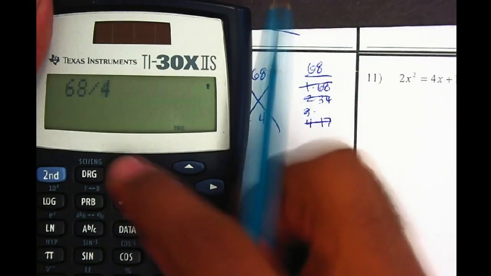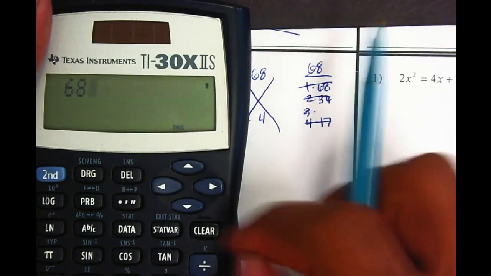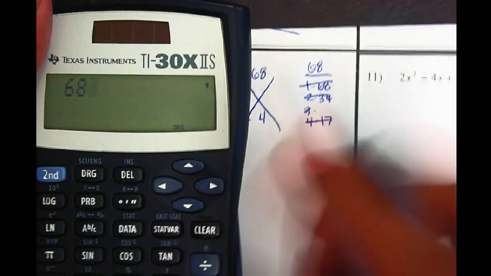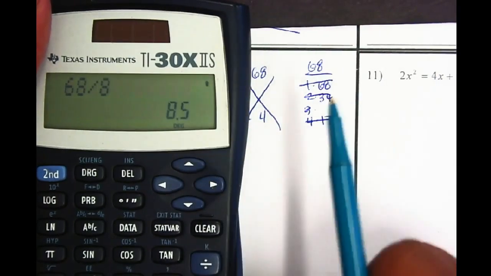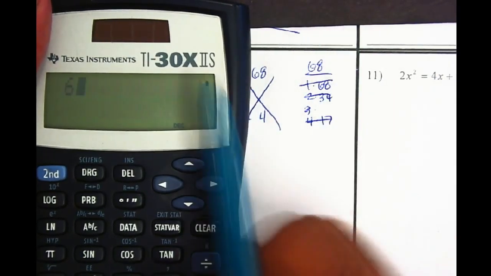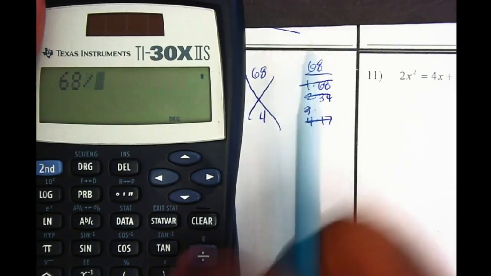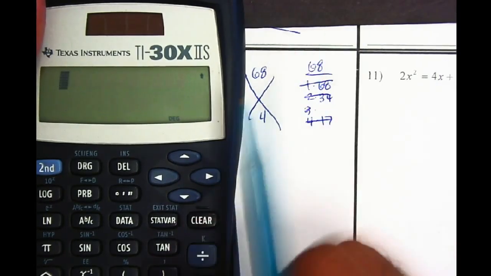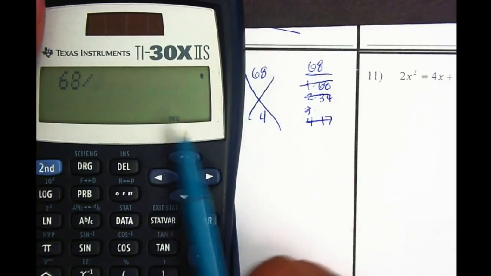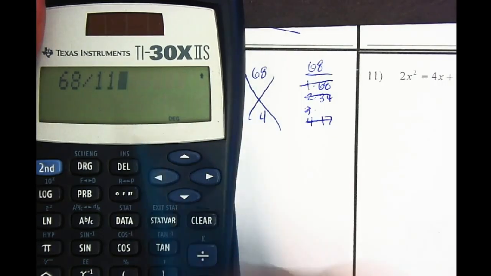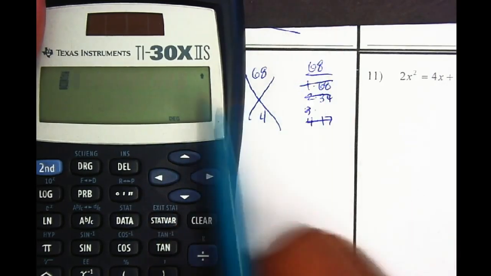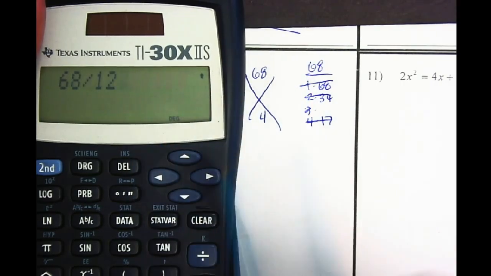I know 6 isn't going to work either. 7's not going to work. How about 8? Divided by 8. No. How about 68 divided by 9? No. 68 divided by, well, I know 10 is not going to work. 11? No. 68 divided by 12? No.